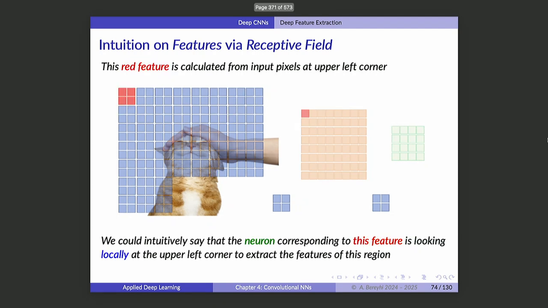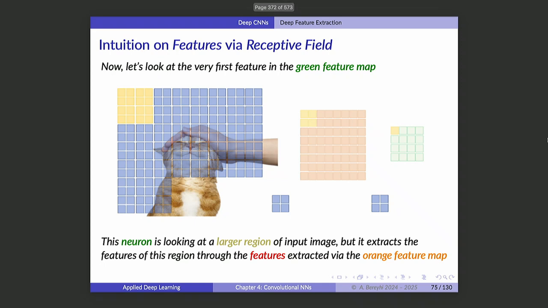Which means that, for instance, my very first feature inside the first layer is going to be connected to these inputs, right? So the first feature is only looking at that tiny portion on the top left corner of my image, right? What's going to happen if I go for the second layer?